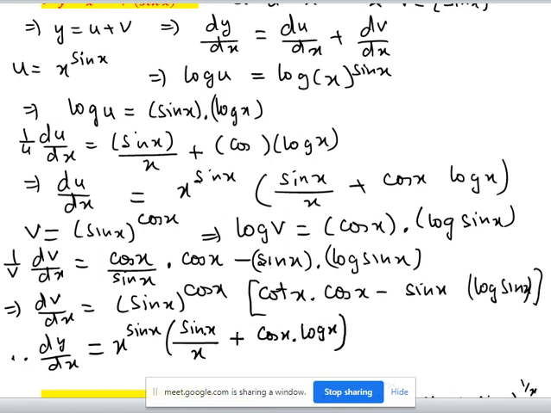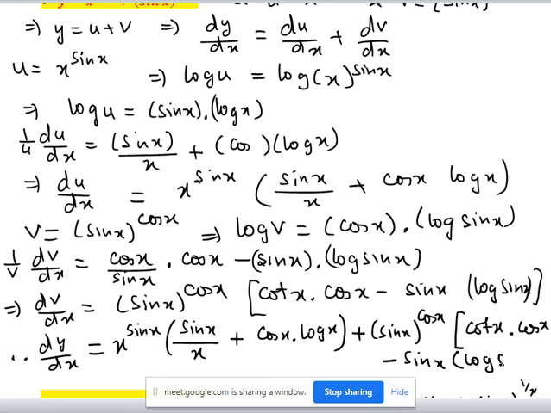So this was du over dx, and this gets added to dv over dx, which is sin x to the power cos x multiplying with cot x into cos x minus sin x into log sin x. Okay, so these were a few examples you can see which we have done using logarithmic differentiation.